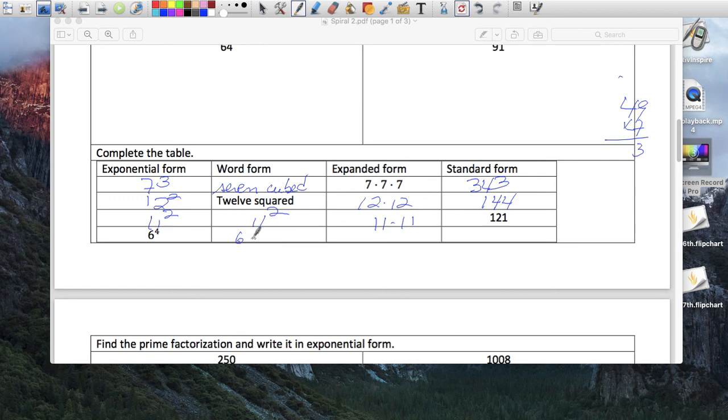64 is 6. Oh, oops. 6 to the fourth power, which is 6 times 6 times 6 times 6, and I have no idea what that is. 6 times 6 times 6 times 6 equals 1,296.